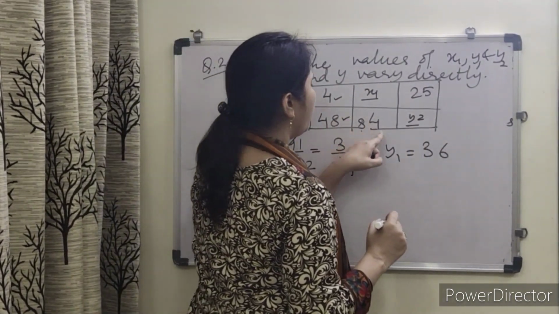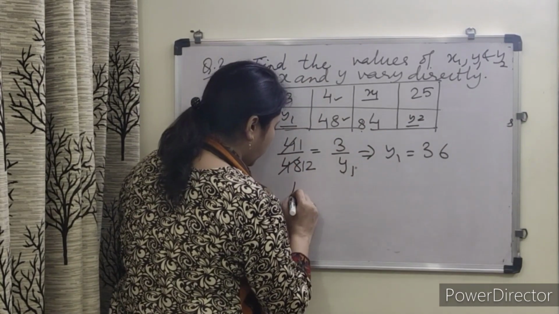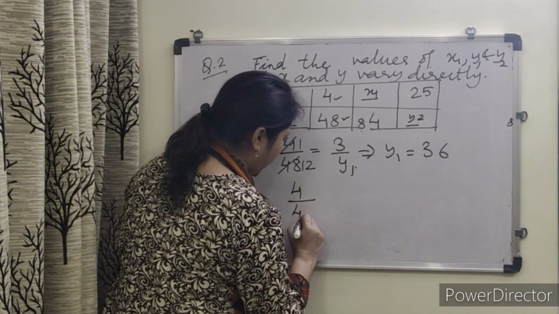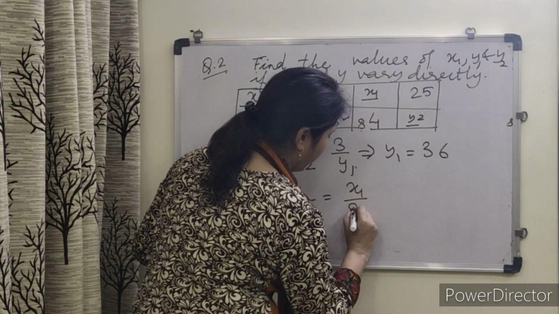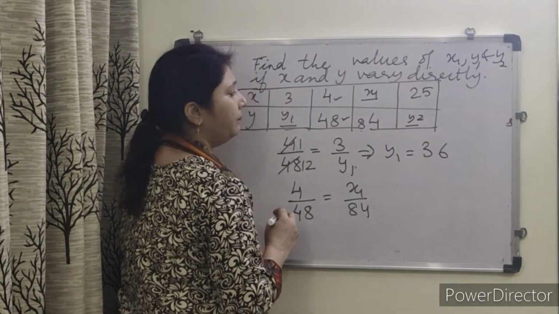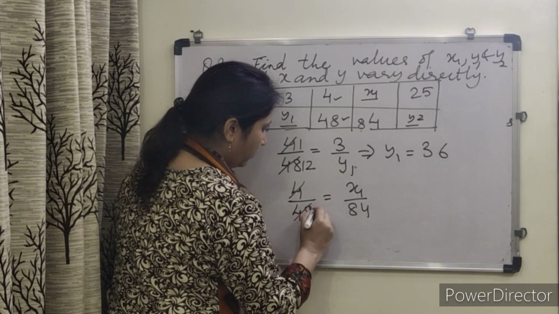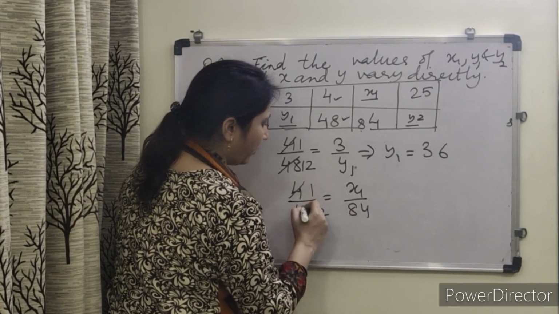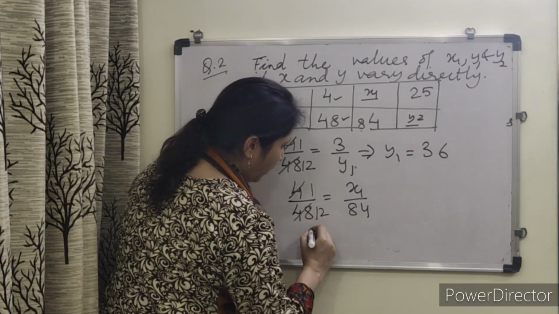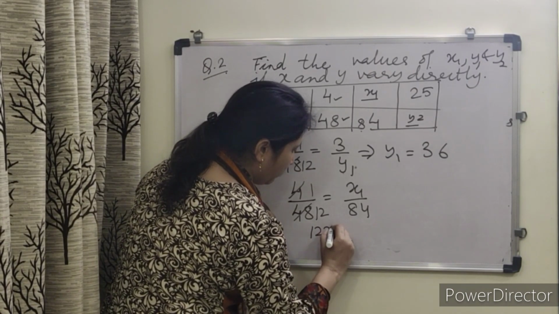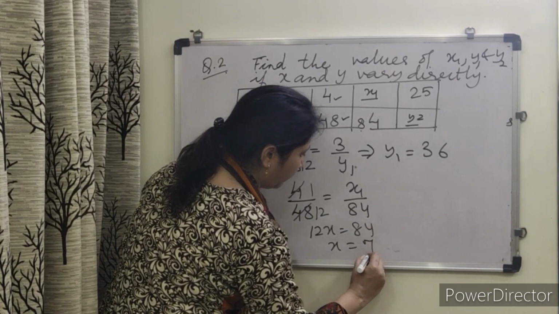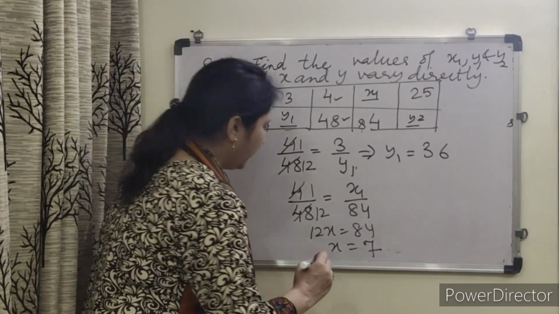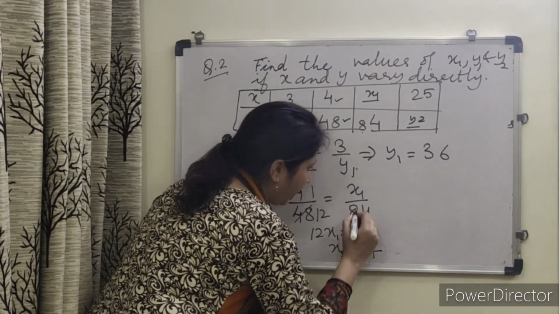Likewise, if you want to calculate x1, you take the ratio 4/48 equals x1/84. Clear? So 4, 12. Now by cross multiplication, 12x equals 84. So x equals 7. x1 is equal to 7.